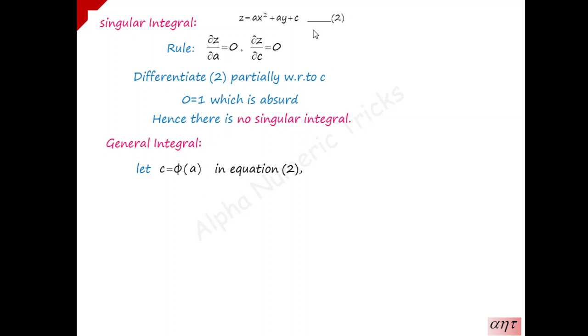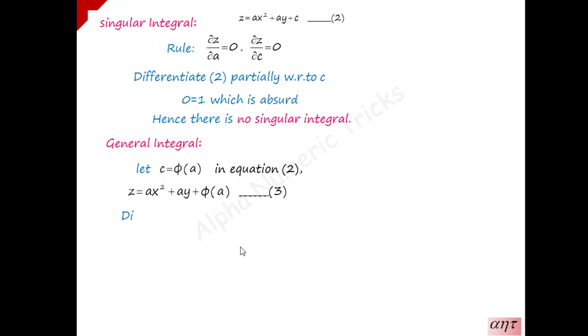One constant in the complete integral is written as a function of another constant. So we can write c is equal to phi of a. Substituting, we get z is equal to ax squared plus ay plus c replaced by phi of a. Number that equation as 3.